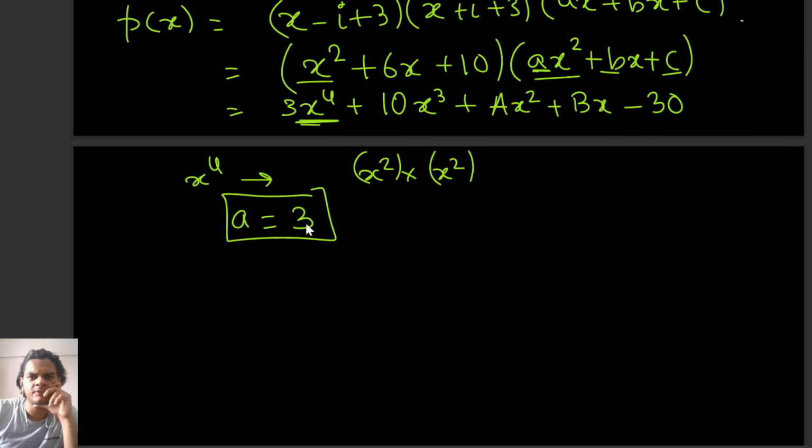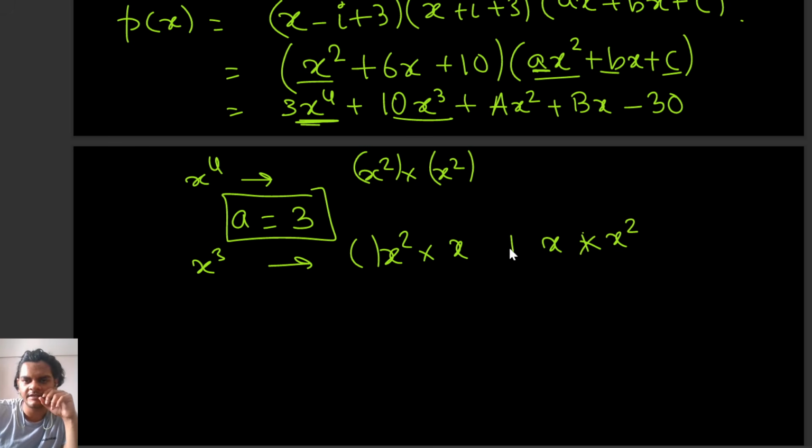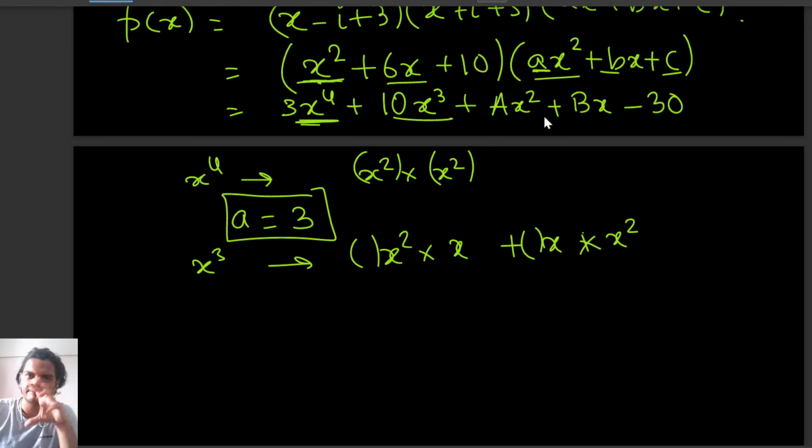Now we know x cube. x cube is formed by x square into x coefficient and x into x square. What I mean to say is x square from this one, x from this one, x from this one, x square from this one.